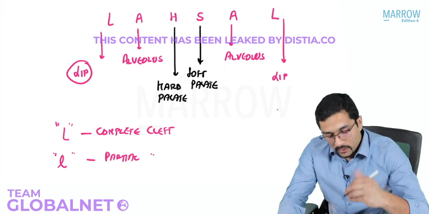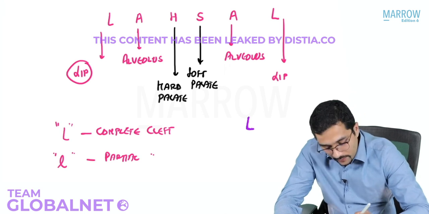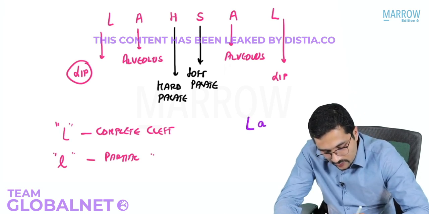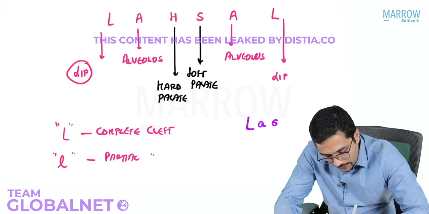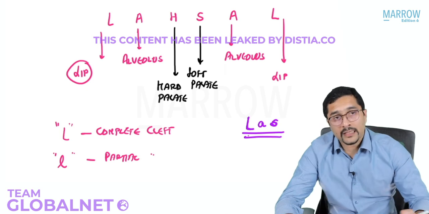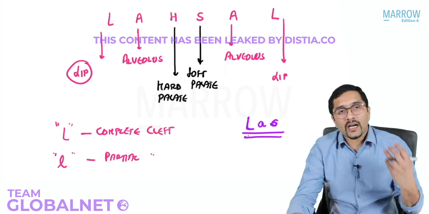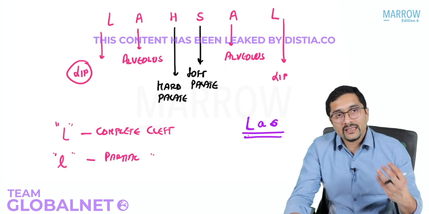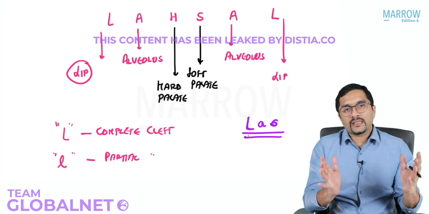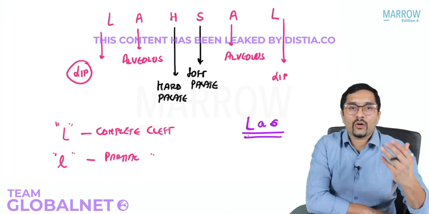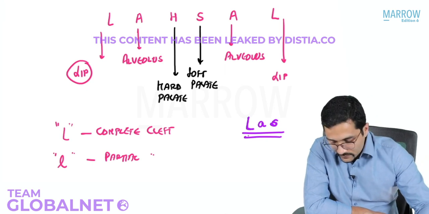So what will be the documentation? So complete lip on that side is capital L. There is partial alveolus, small a, on that side and there is partial soft palate, so small s. That is how we document the abnormality, and this is a universal documentation system. So if this is written somewhere, you would know what abnormality that child has.